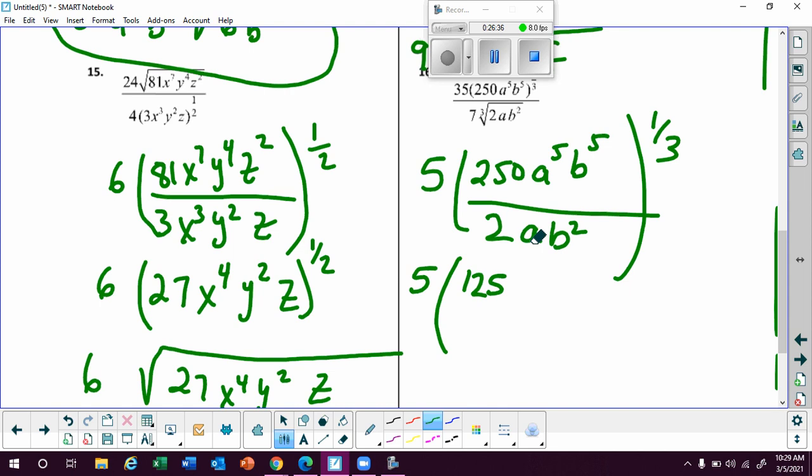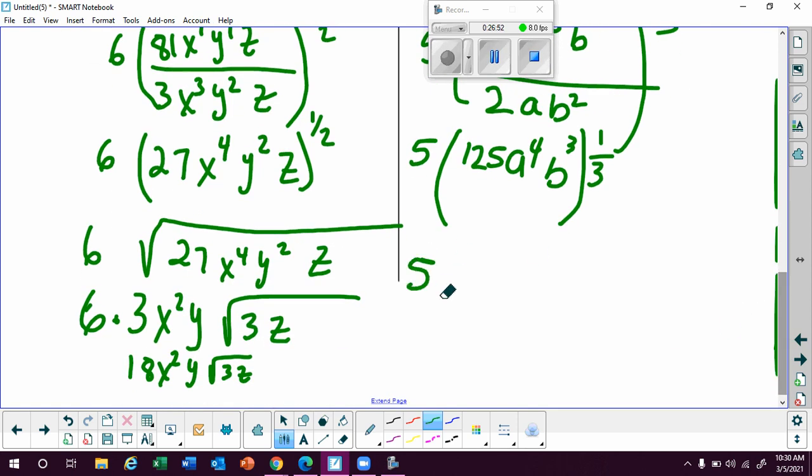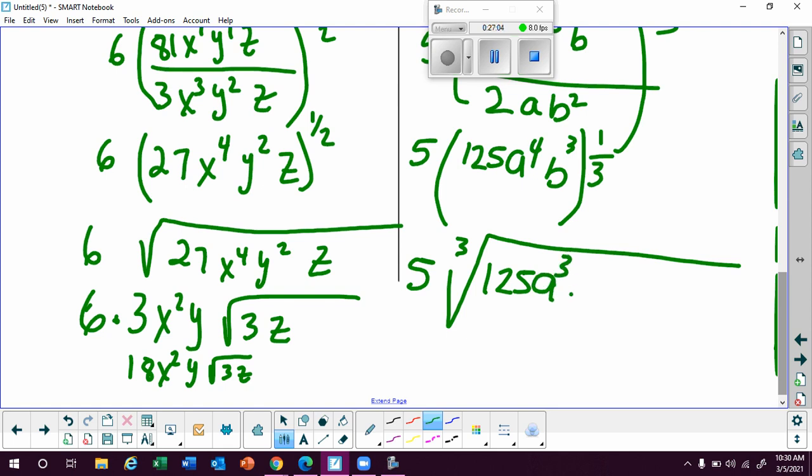A to the 5 and 1a subtracted, I have a to the 4. b to the 5, b to the 2, 5 minus 2 is b cubed. And this is all to the 1/3. All right, so I have 5 out. This is the cube root of 125. So I'll write it so that the a's can be divisible by 3 and 1a. b is divisible by 3, so I'll just write it like that.